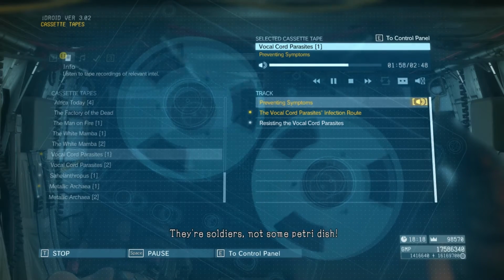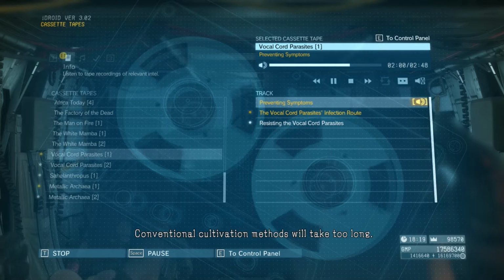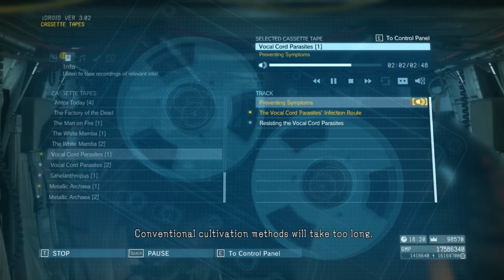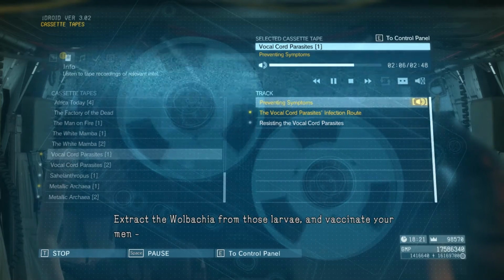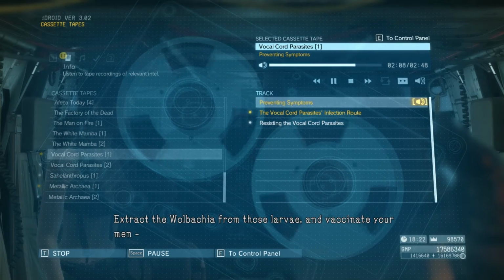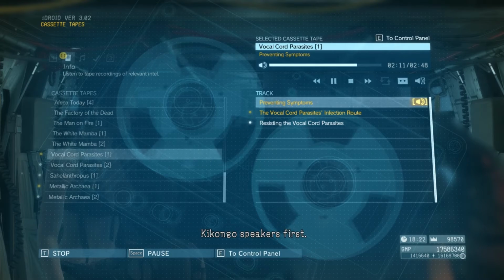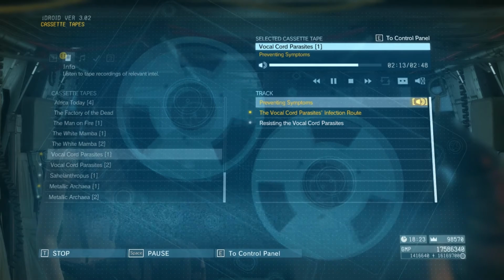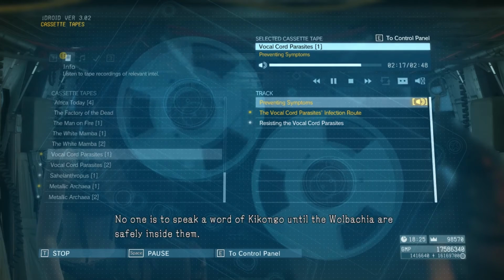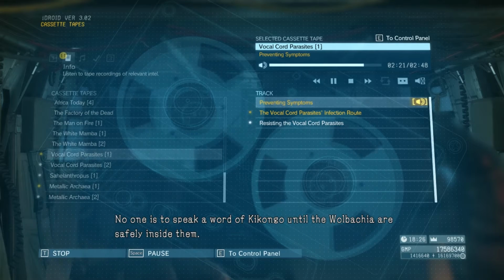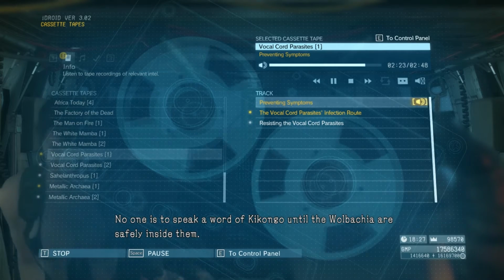They're soldiers, not some petri dish. Conventional cultivation methods will take too long. Extract the Wolbachia from those larvae and vaccinate your men. Kikongo speakers first. This is the fastest, surest way. No one is to speak a word of Kikongo until the Wolbachia are safely inside them.